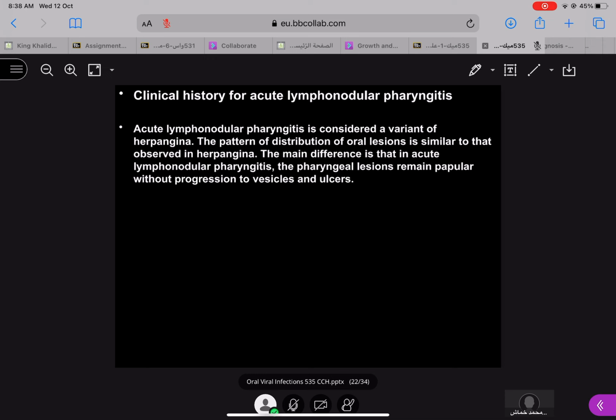The pattern of distribution of oral lesions is similar to that observed in herpangina. The main difference is that in lymphonodular pharyngitis, the pharyngeal lesions remain papular without progression to vesicles or ulcers. So it's only papules, no vesicles, no ulcers.